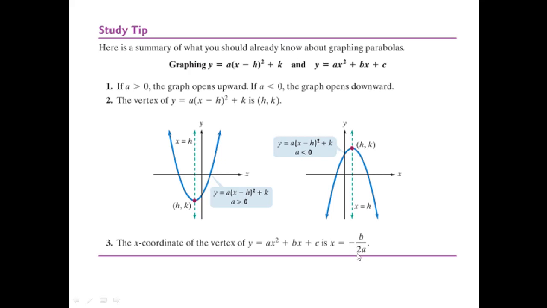So that's how you can find the x-coordinate of the vertex. The b and the a are coming out of the coefficients here and here. That is something you should remember, if you have not already: x equals negative b over 2a. Don't forget the negative.